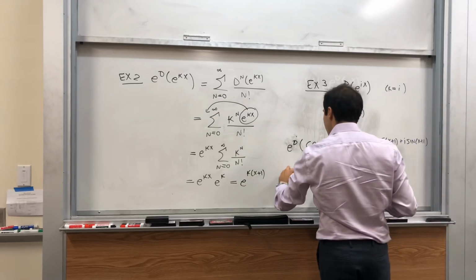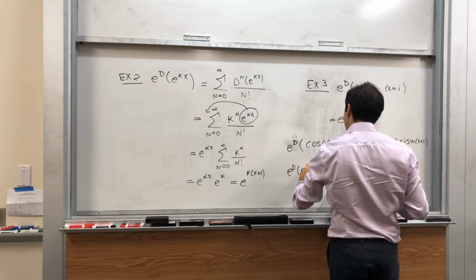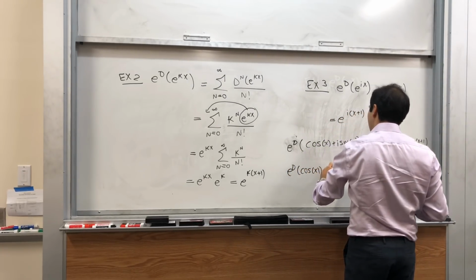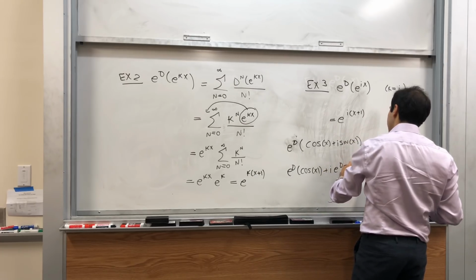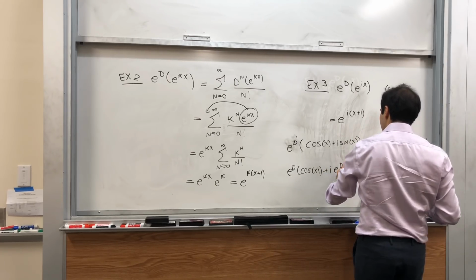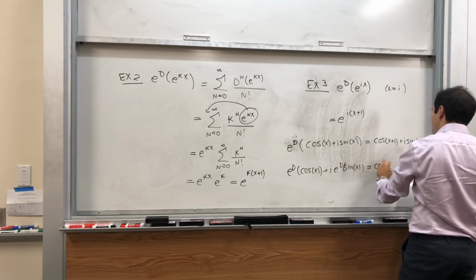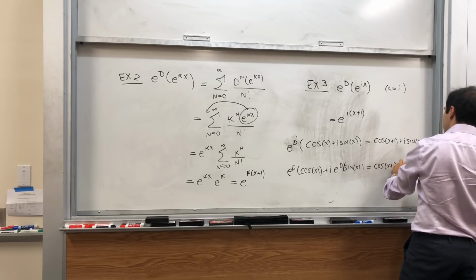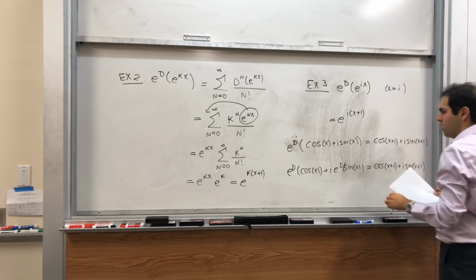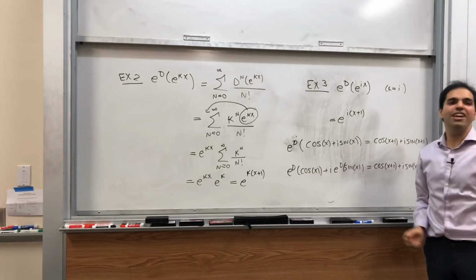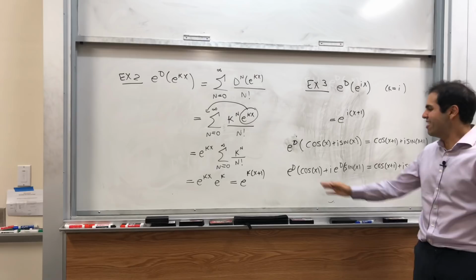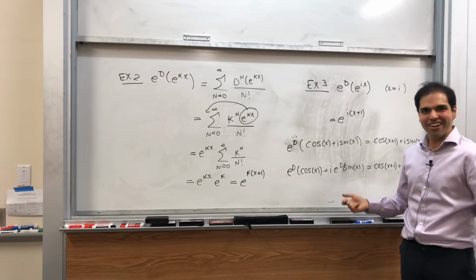And so, e to the d cosine of x plus i e to the d sine of x equals cosine of x plus 1 plus i sine of x plus 1. And here's the thing, if you exponentially differentiate a real function, you get a real function.